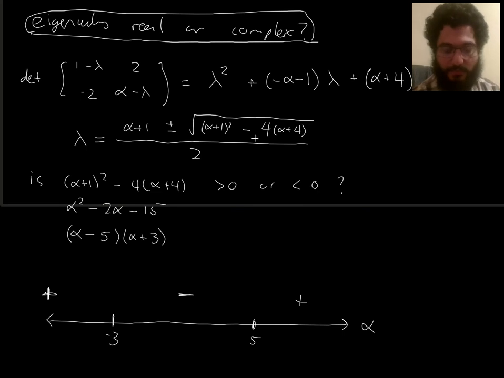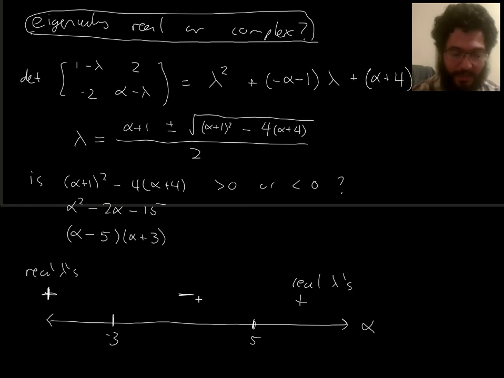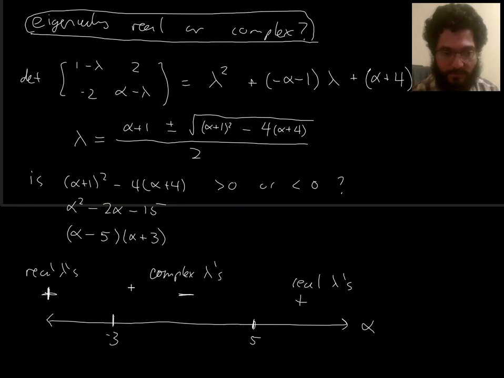If it's positive, then we're looking at real eigenvalues. So real lambdas here, real lambdas here. And if it's negative, so if alpha happens to be between negative 3 and 5, then we're looking at complex eigenvalues. So complex lambdas happen in this range of alpha values.